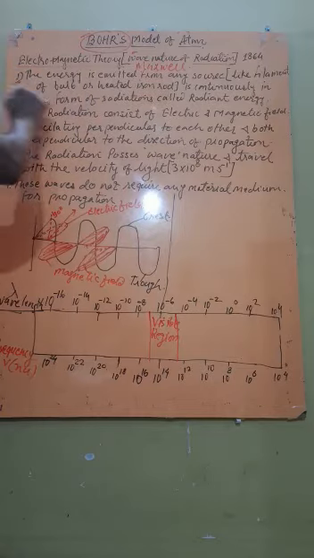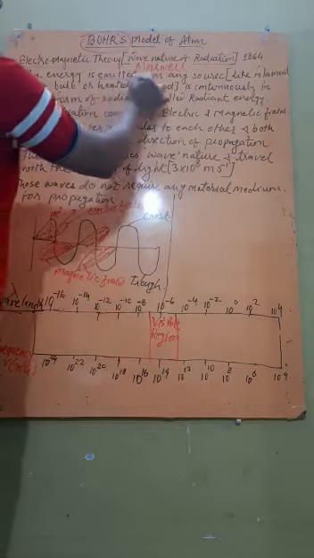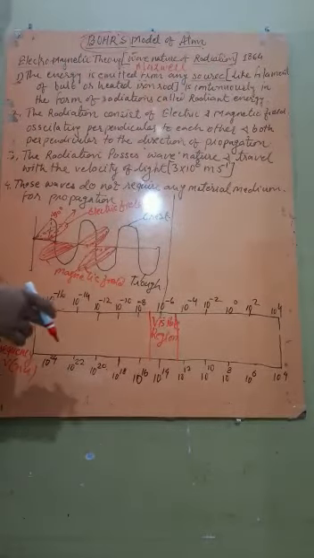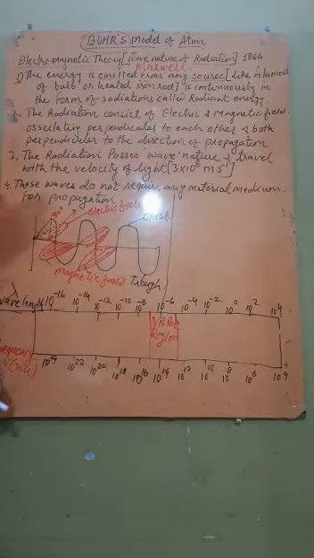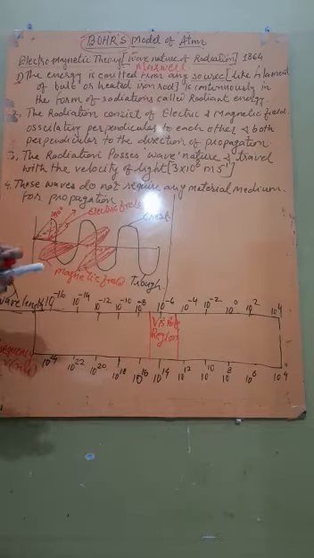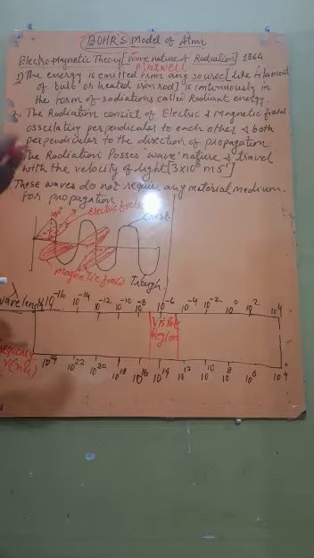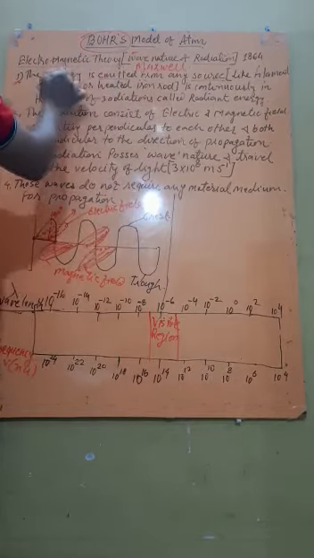The first postulate is that energy is emitted from any source. That source may be a glowing bulb, or tube light, or the sun, or even an iron rod. When electricity is passed through the iron rod, it becomes red hot. At that time, what are they emitting? Radiation. This is called the emitted radiation or energy.